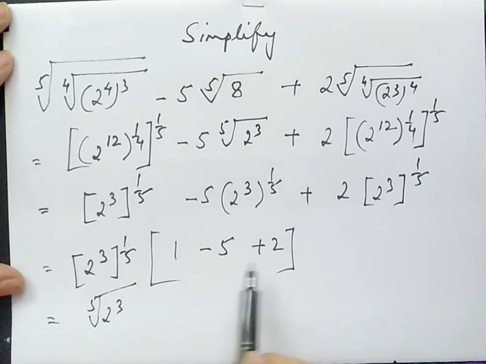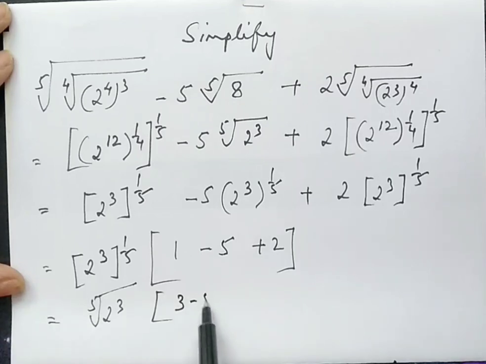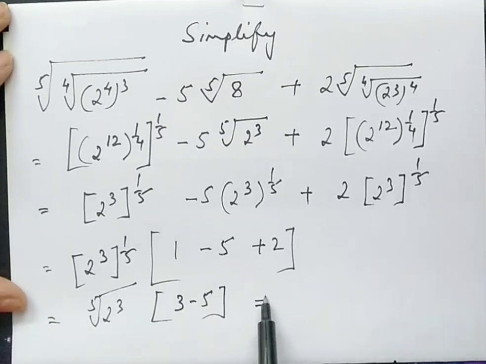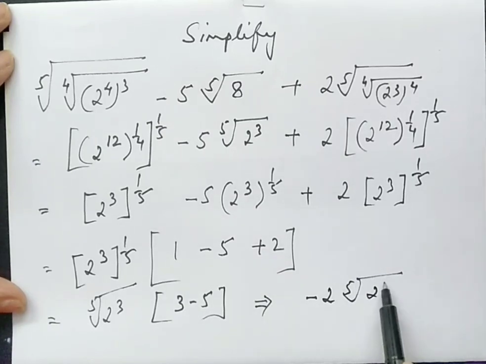And for this, when we simplify, we get 3 minus 5, correct? So what next? We have a minus 2 as the next coefficient. Thus my answer is, okay, minus 2 and fifth root 2 to the power 3.